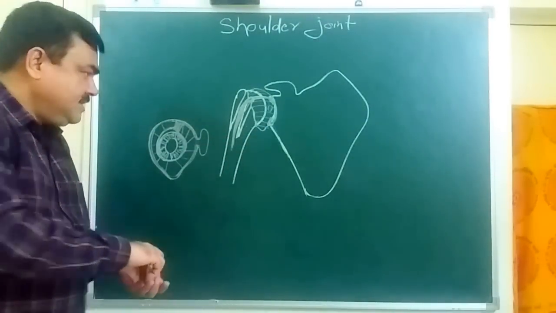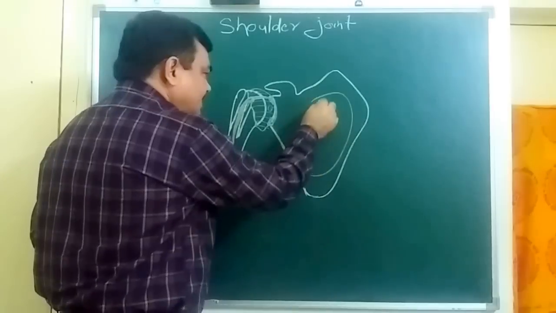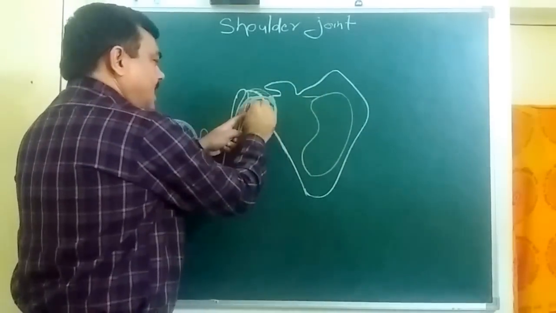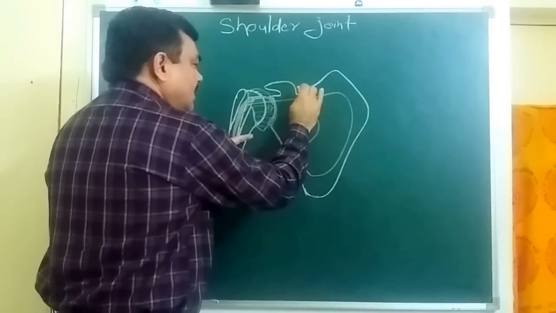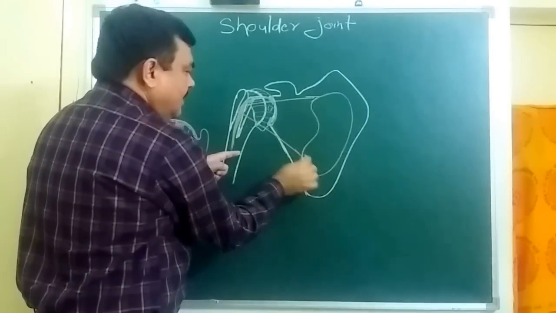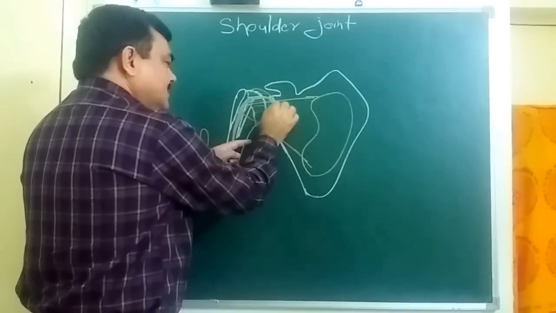Here the subscapularis muscle is attached. This is the subscapularis muscle, and it is attached to this lesser tubercle. And here, in this portion, the bursa is present.